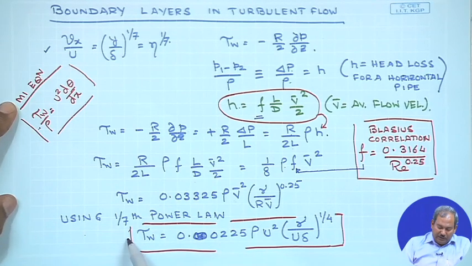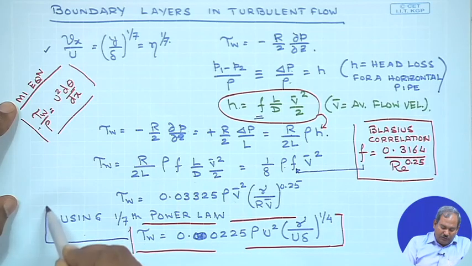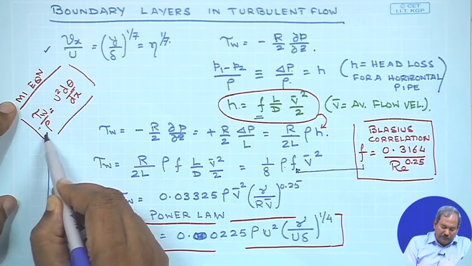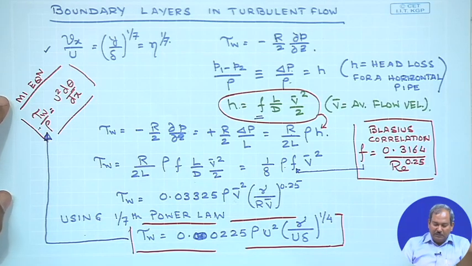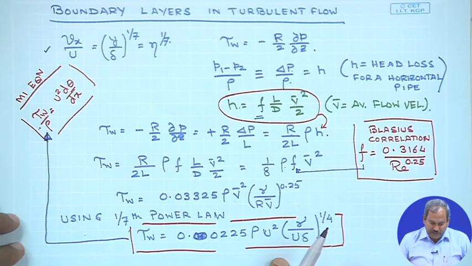Now this expression of tau W can be used as the left hand side of the momentum integral equation. So we are safe with this.